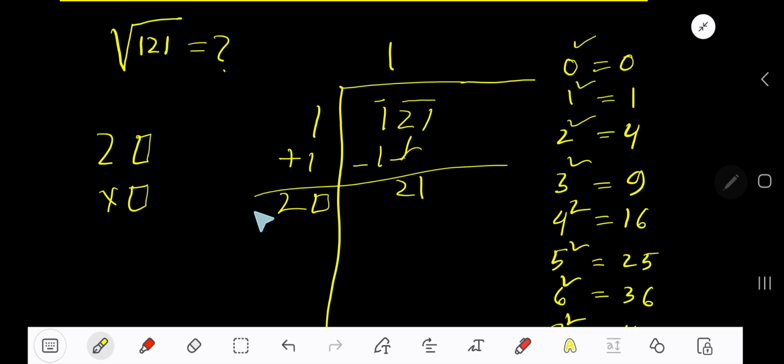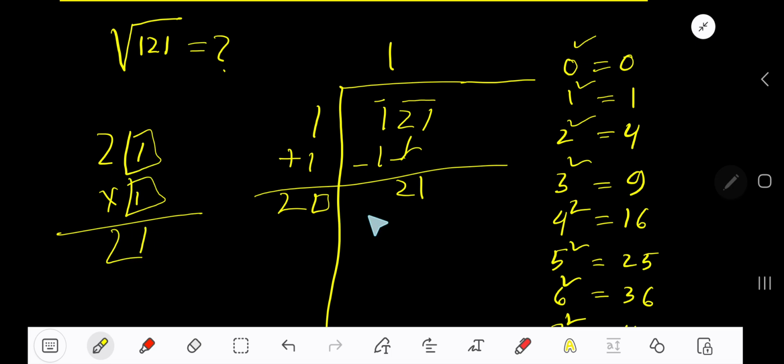Okay, so if you take just 1, then multiply 1 times 1, 1, 1 times 2. So our guessing number here, if I take 1, then this 1 must come to the quotient also.